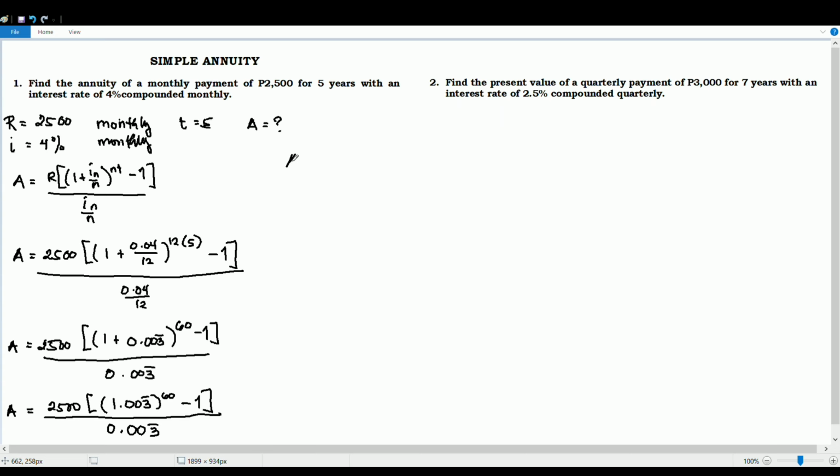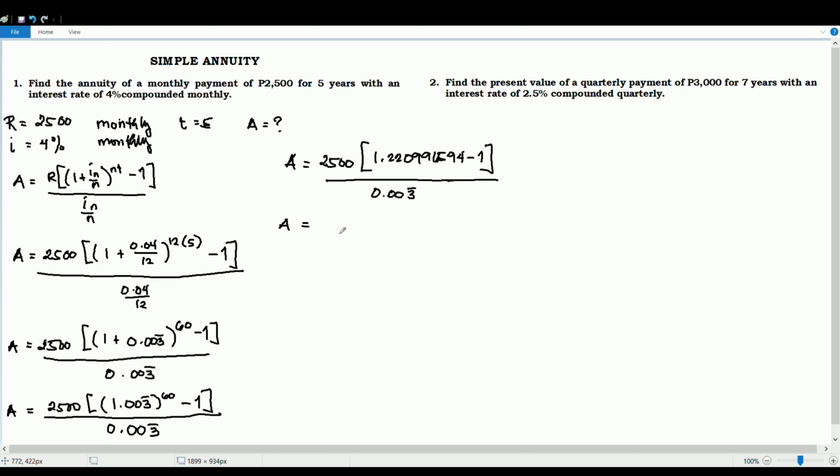So we have A is equal to 2,500 to be multiplied by, so that is raised to 60 and it is equal to 1.220965994 minus 1 over 0.003.